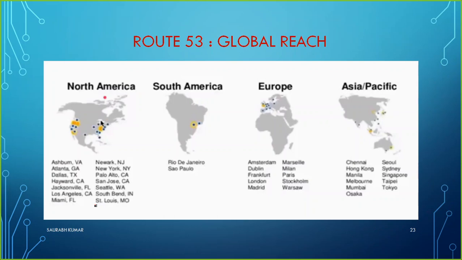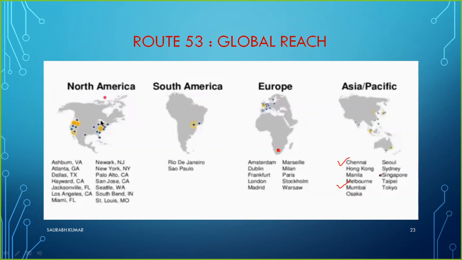Here is some information about the global reach of Route 53, where Route 53 is available for AWS nowadays. You can see we have locations in North America, some in South America, and in Europe also. Nowadays we also have some in Africa, like South Africa. Then in Asia Pacific, we have India too, with multiple cities: Chennai and Mumbai are the two cities from India itself.